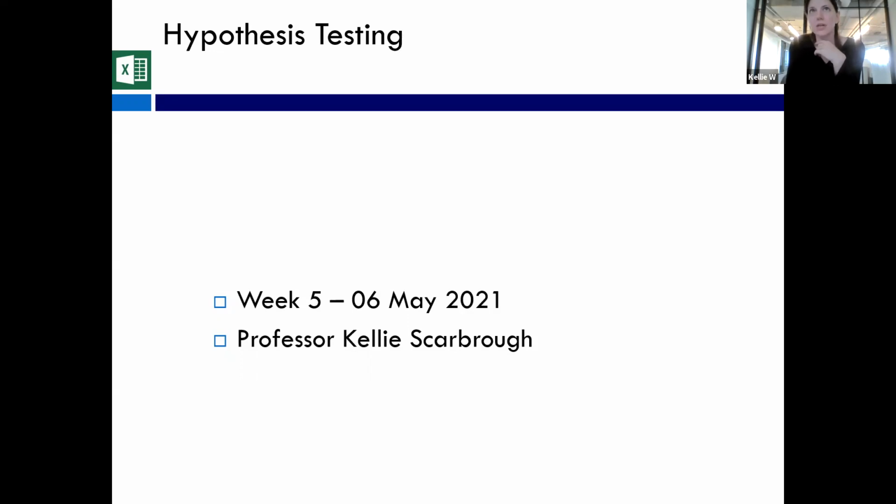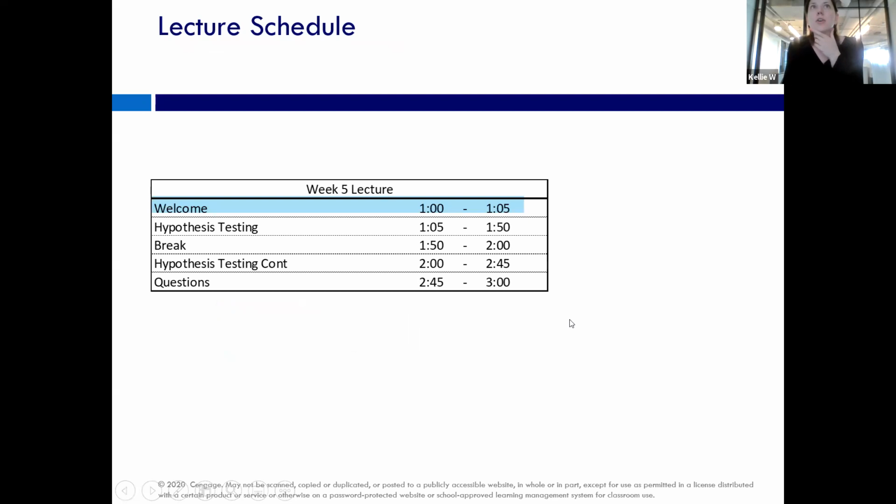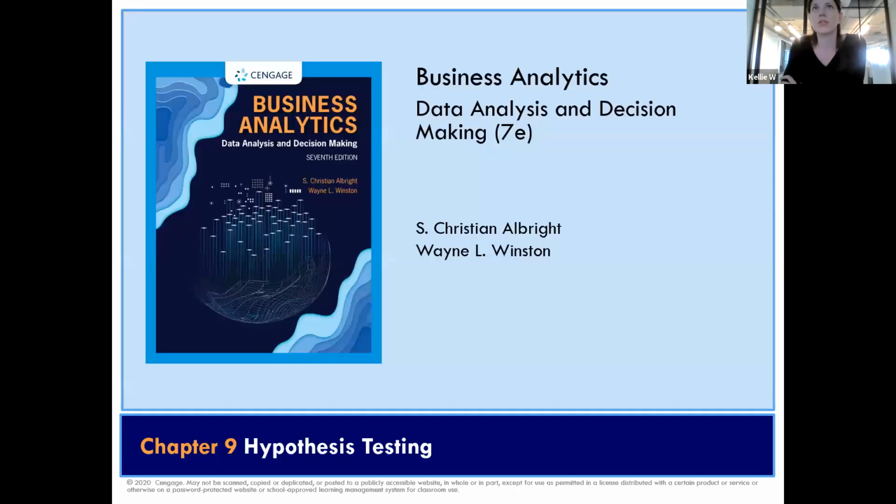So let's go to our slides. All right. So we're going to do our hypothesis testing, take a break if we need it, and then wrap up. And I expect that we will be done in probably actually less than 2 hours. So this will be a short week, and then we'll do our discussion online, like I said, and homework help on Sunday.